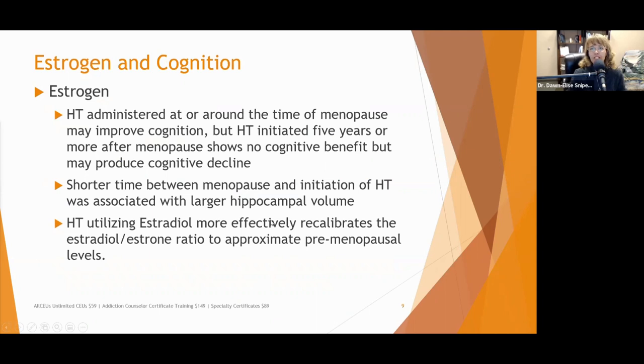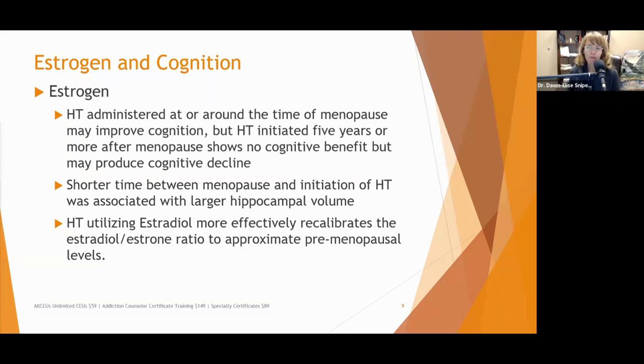Hormone therapy administered at or around the time of menopause may improve cognition, but hormone therapy initiated 5 years or more after menopause shows no cognitive benefit and even may produce cognitive decline. If people are wanting to start hormone therapy, then it looks like there's a window of opportunity, less than 5 years after menopause, to begin that hormone therapy.